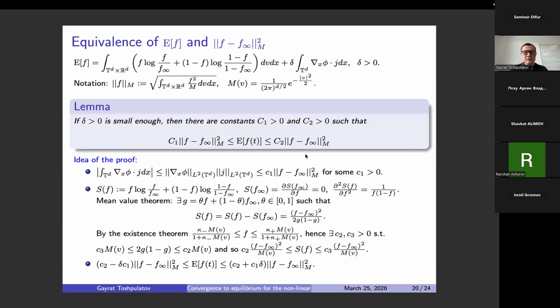With C2 appearing here, and this norm, but we also have C1 and a delta here. We have a similar bound from above. Hence, if delta is sufficiently small, this constant will be positive. So this lemma can be proven using these arguments.